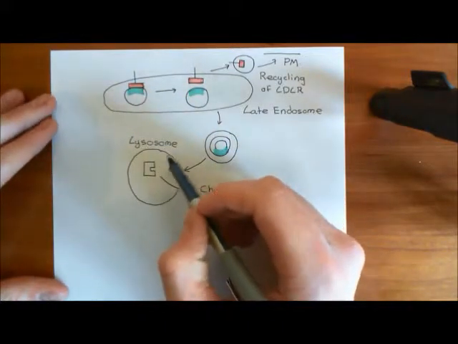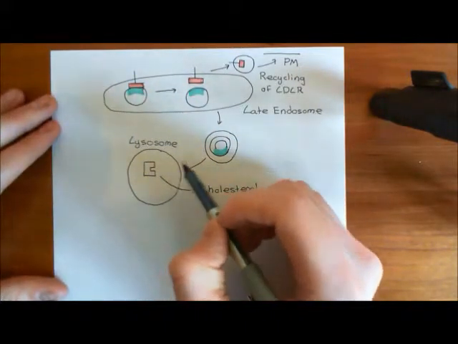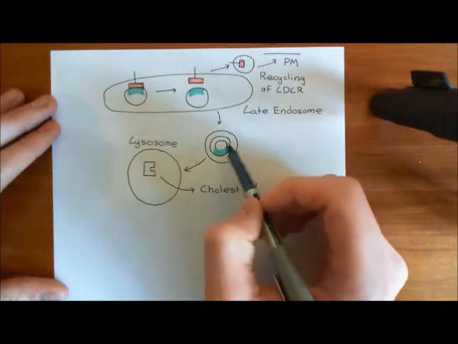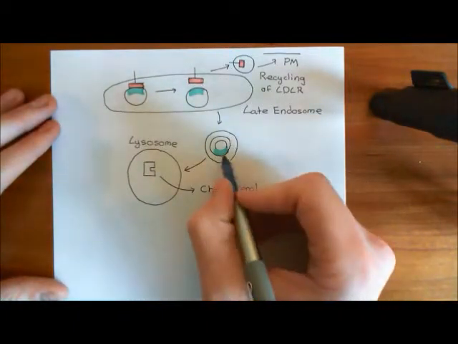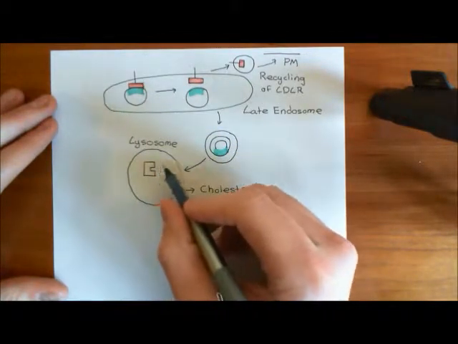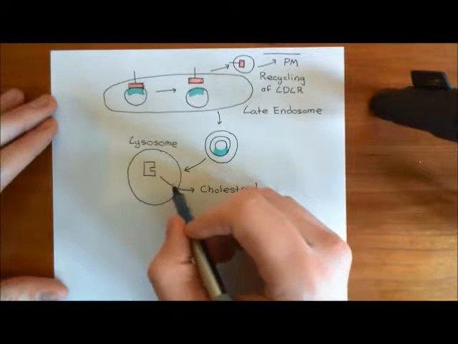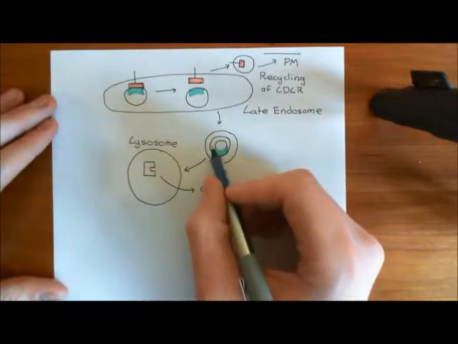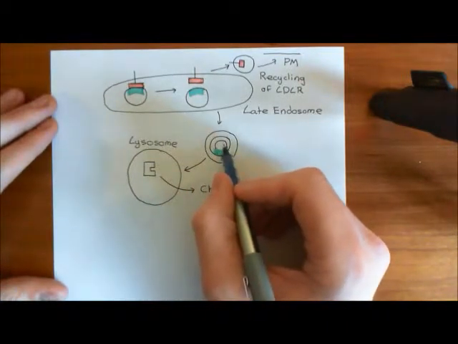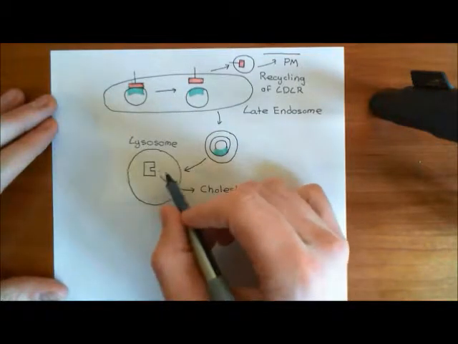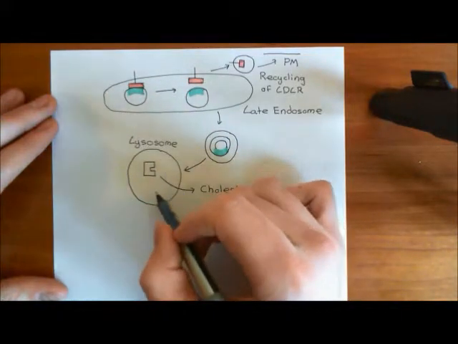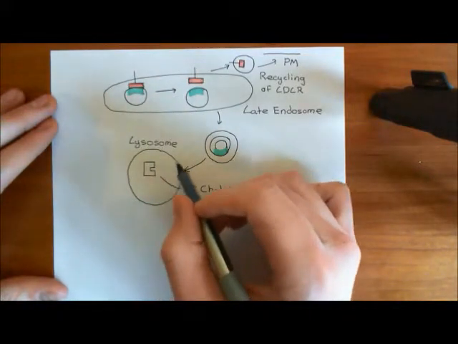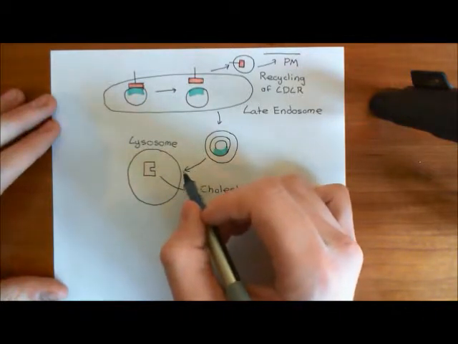the lysosome, which contains all sorts of enzymes which will break down the things that are within this LDL molecule. The apolipoprotein B100 will be broken down by proteases within the lysosome. The phospholipids, which are mainly lecithin molecules, will be broken down by enzymes within the lysosome to yield long-chain carboxylic acids.